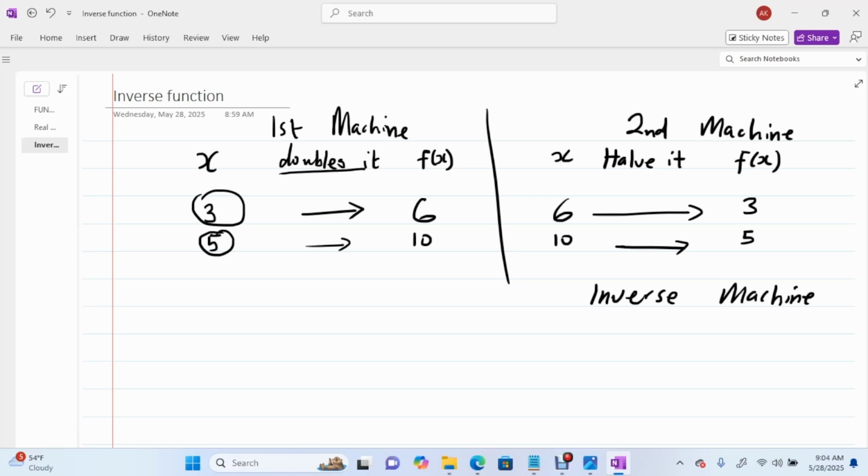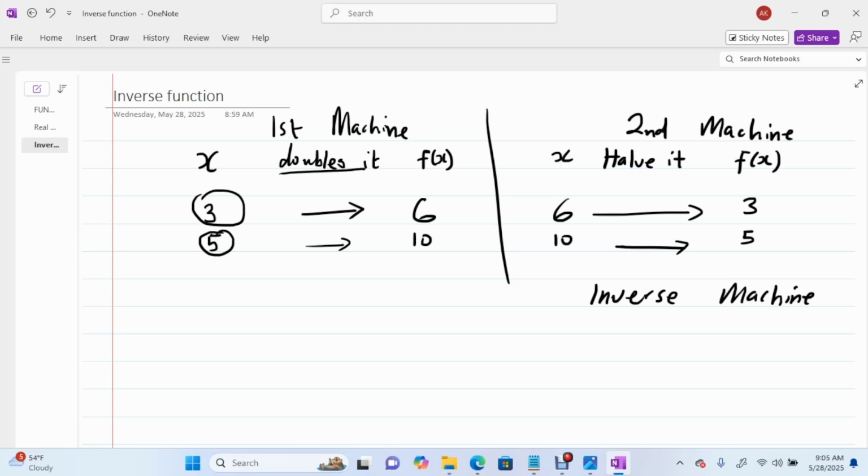It's just like in real life. Let's assume you put on socks and after that you wear your shoes. The inverse will be first taking off the shoes and then the socks.